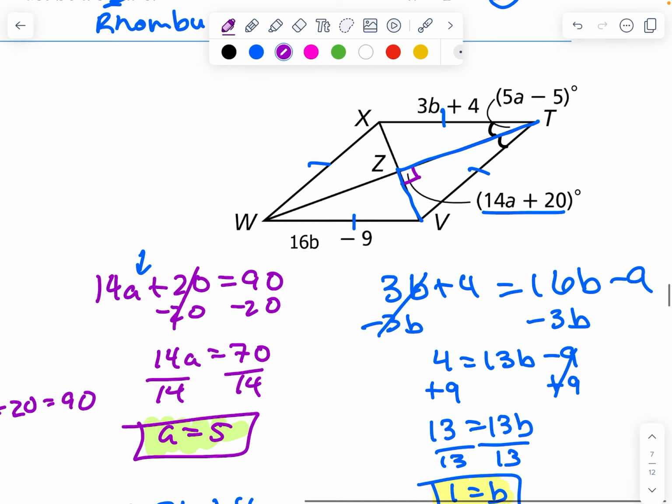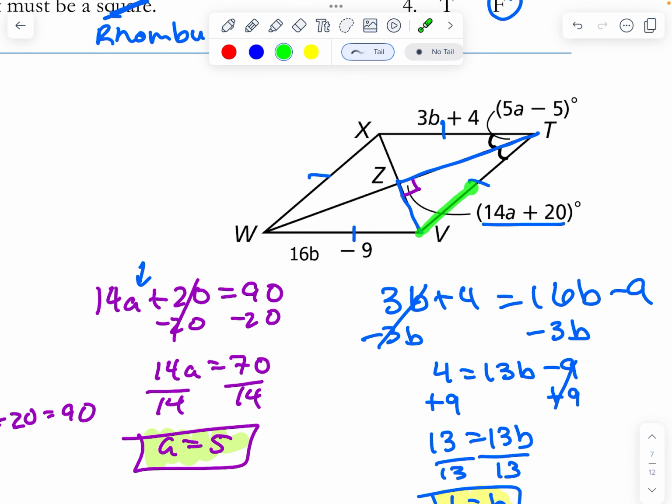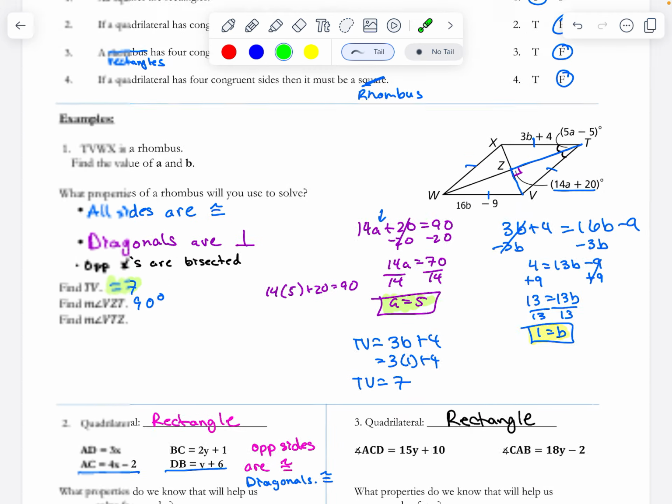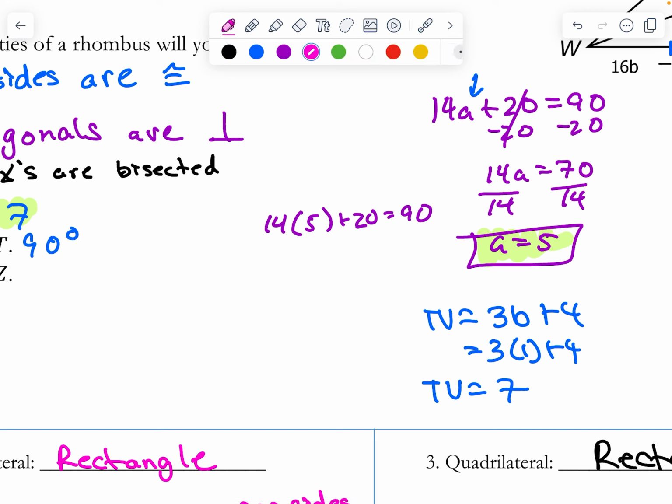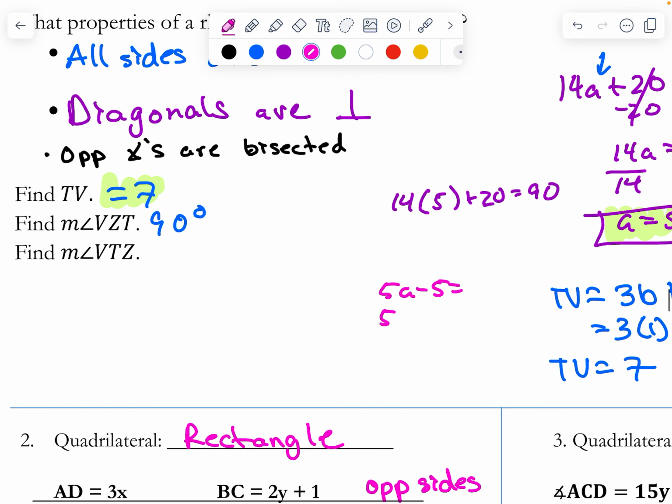And last, VTZ. Well, remember, if opposite angles are bisected, that means that this is congruent to this. So 5a minus 5 gives us VTZ. Let's plug in a. I've got 5a minus 5, and this is equal to, actually, let's give us a little bit more space here.